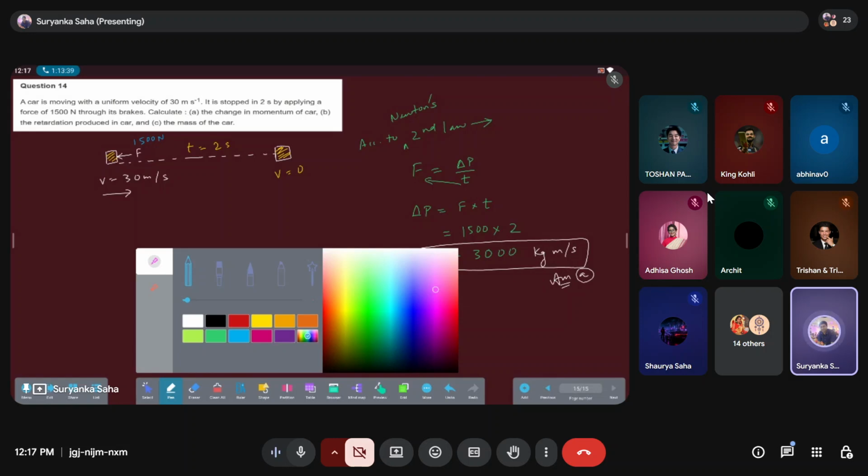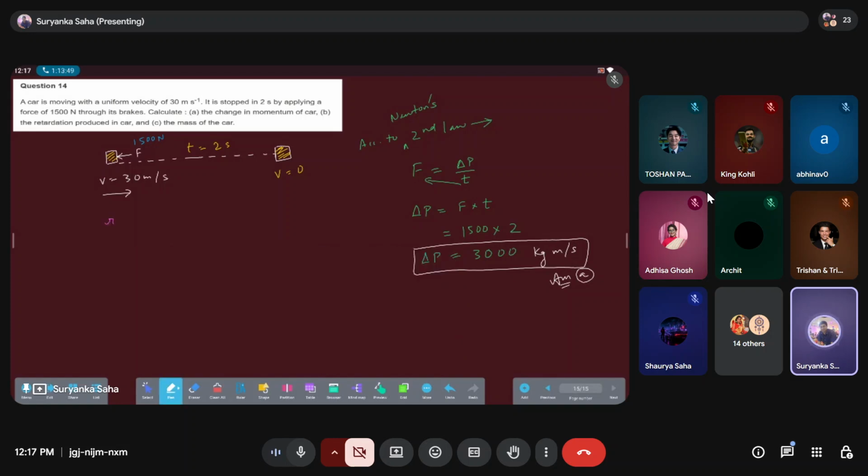M you know, now you don't know M. So what will you do? Velocity is 0. So retardation will be equal to delta V by T, isn't it? Delta V by T. Or you can write like this.